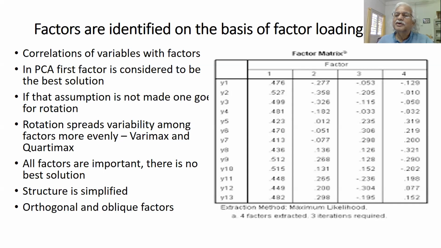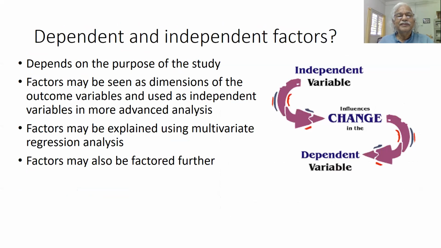But sometimes orthogonal factors are not the best solution, and you want oblique factors, because logic suggests that the factors you are trying to look for, which are hidden, which are latent, can be interrelated or independent. Oh, sorry, or dependent. Whether you go for dependent factors or independent factors, dependent are oblique, independent are orthogonal. It depends on the purpose of the study.